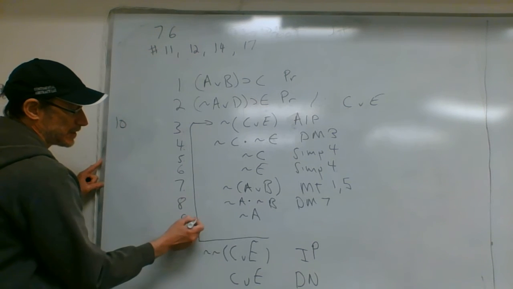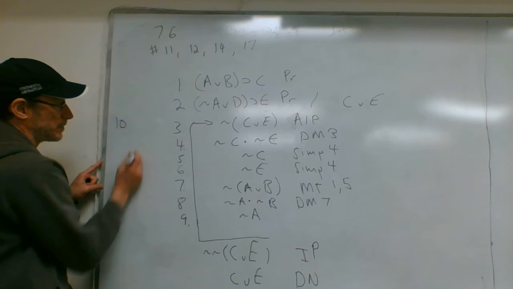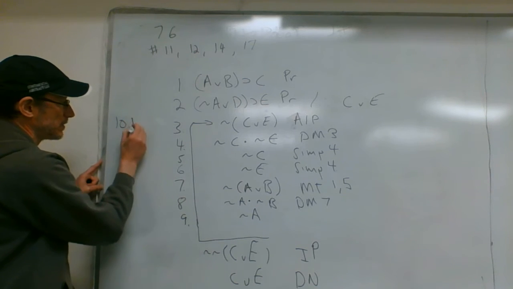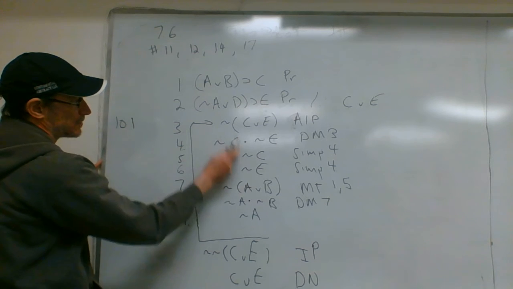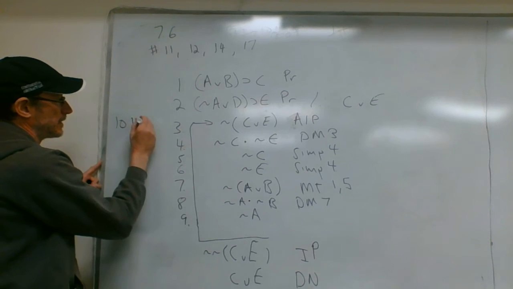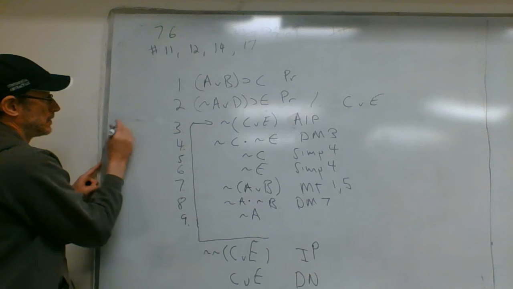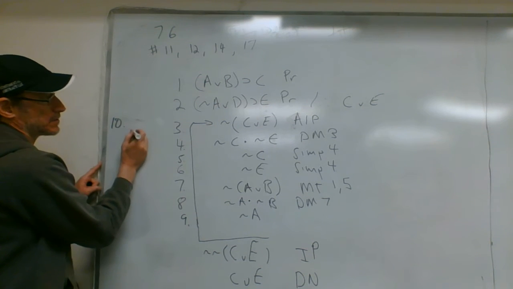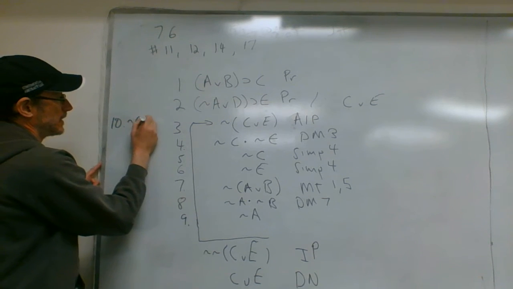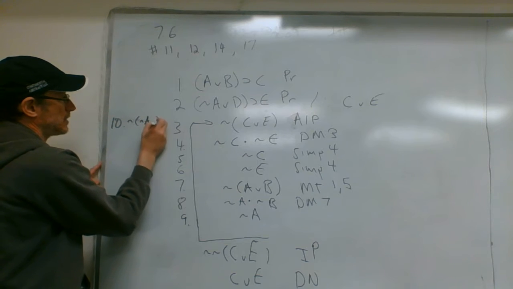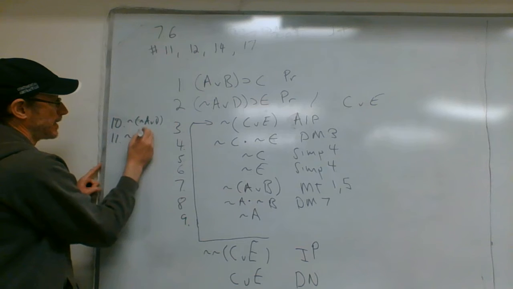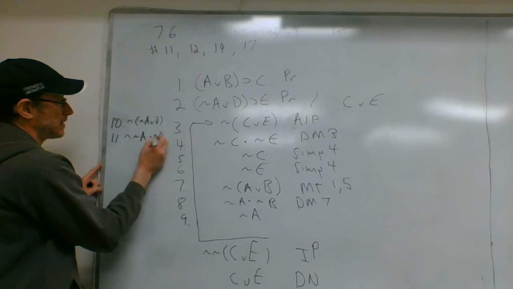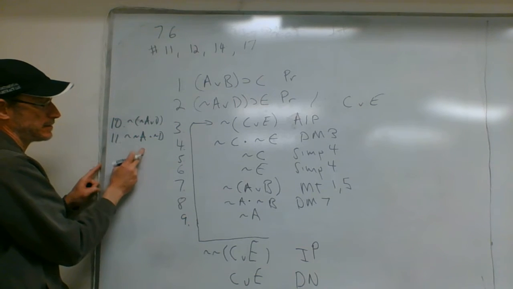Theoretically, this would be inside the scope marker. So imagine the scope marker is over here, and we have modus tollens on 6 and 2 to get not A wedge D. Step 11, we would do not A and not D. That would be a De Morgan on 10.